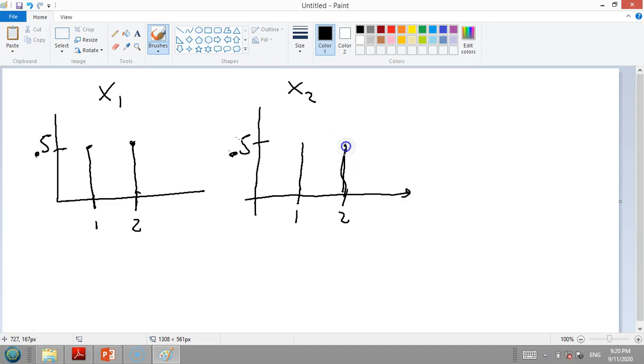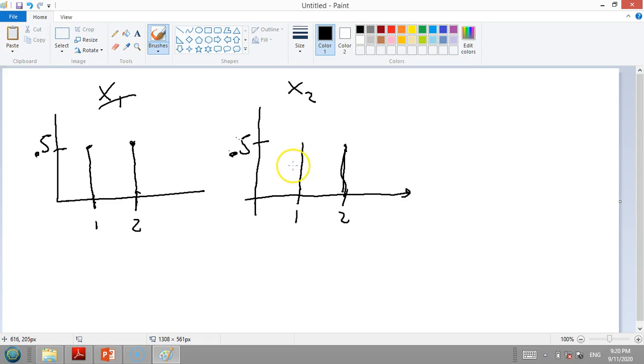Another thing to say is that these variables are independent. That means whatever realization I get in x1 is not going to affect what happens in x2. So let's say if x1 lands on a 1, this is not going to make x2 more likely to land on a 1 or a 2.